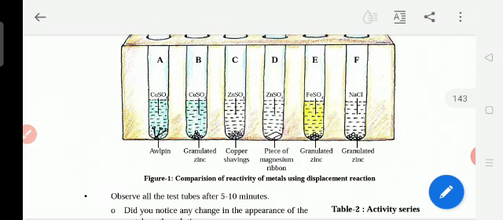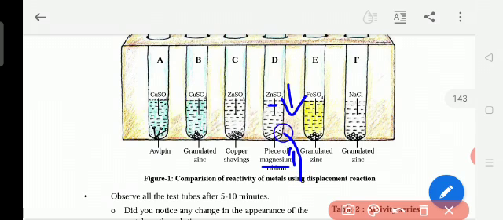Afterwards in test tube D, zinc and magnesium. Now you see which is the more reactive? Magnesium is the more reactive. So zinc is the less reactive. So here magnesium is more reactive than the zinc, so magnesium displaces the zinc.